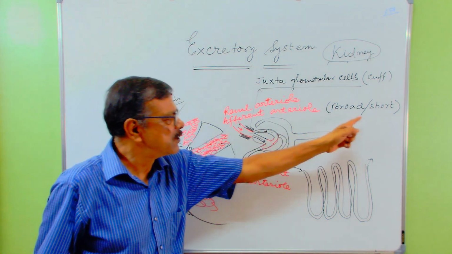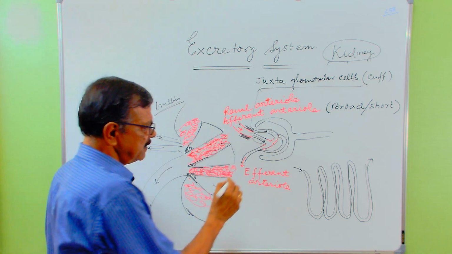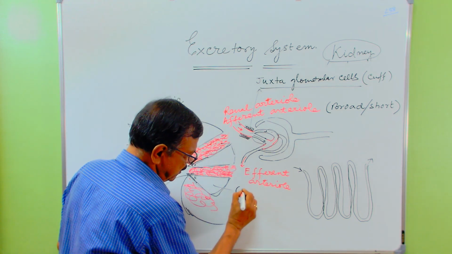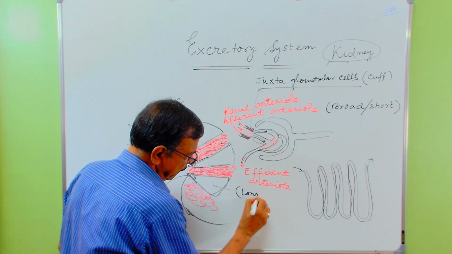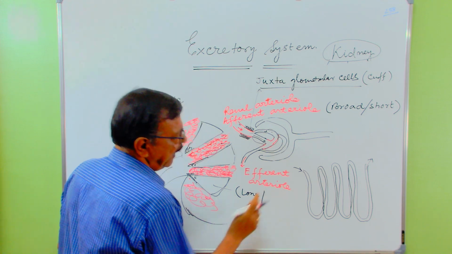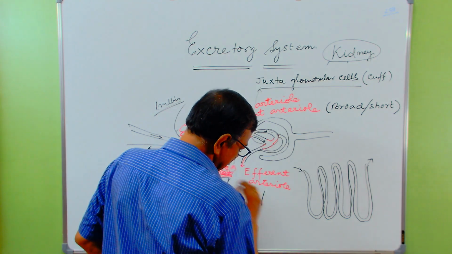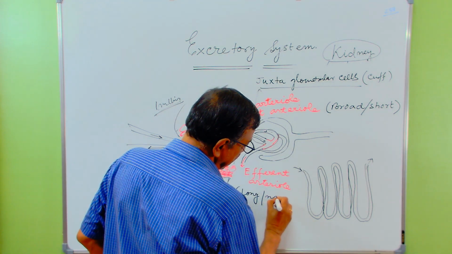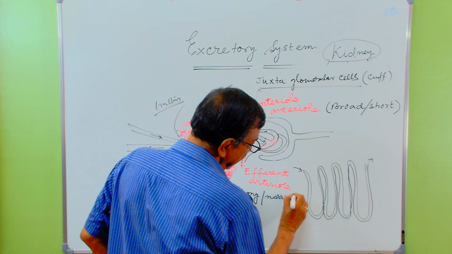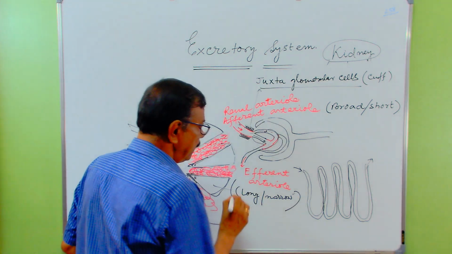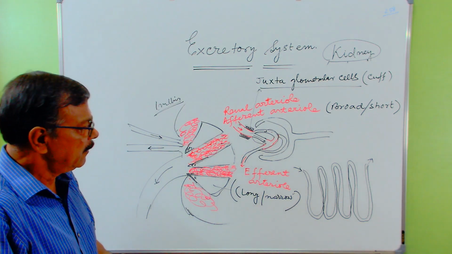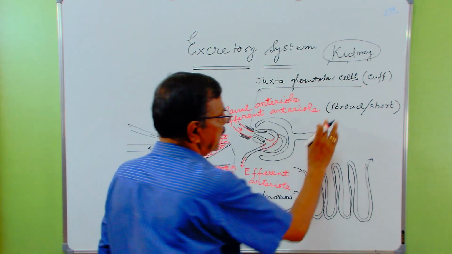The efferent arteriole is long and narrow.